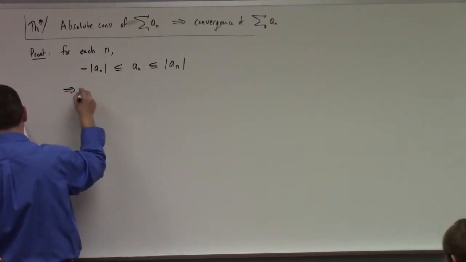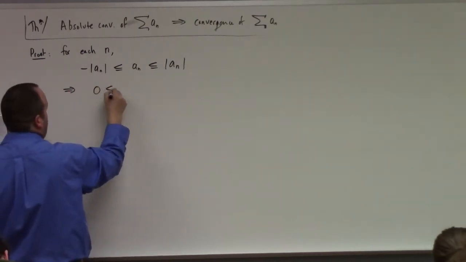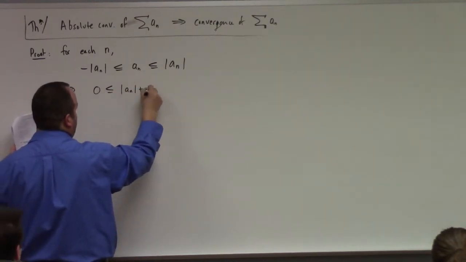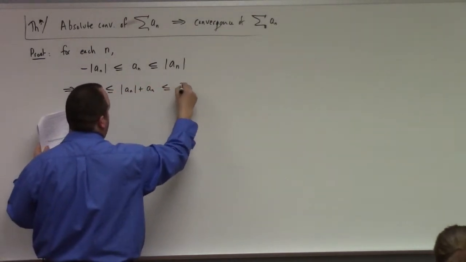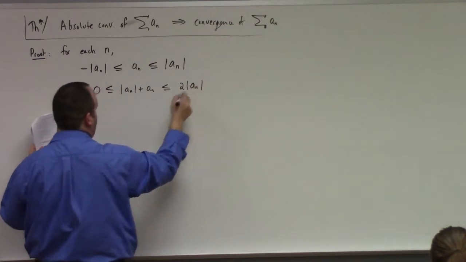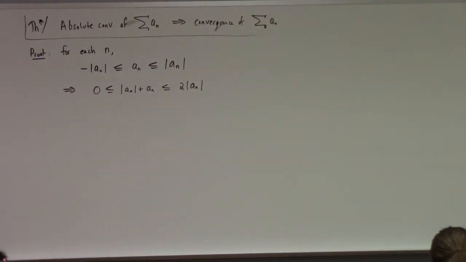Which tells me what? That tells me that 0 is less than or equal to the absolute value of a sub n plus a sub n is less than or equal to twice the absolute value of a sub n. Okay, so this is an estimate which is always available in comparing a series to the absolute value term by term of the series, right? This is just truth about absolute value.